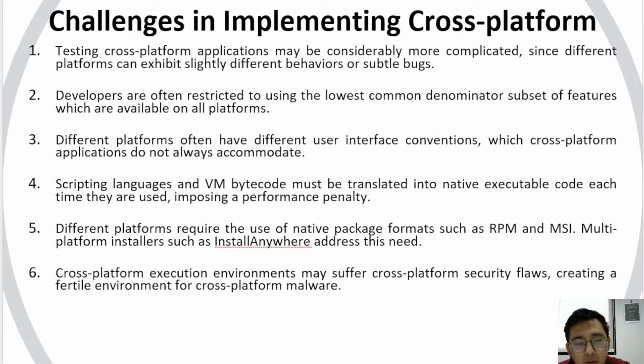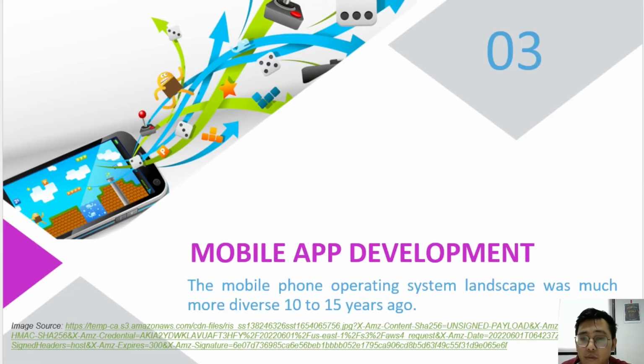Next, let's discuss the development of mobile apps. In the cross-platform topic of mobile app development, we know that mobile phones have become very diverse compared to 10 to 15 years ago.